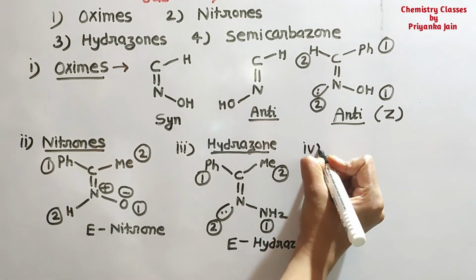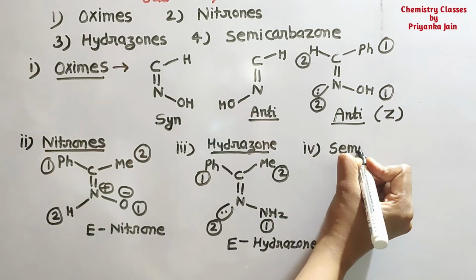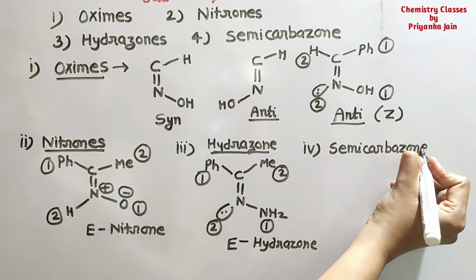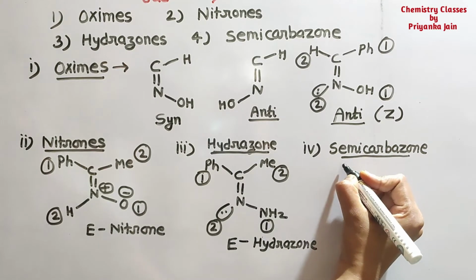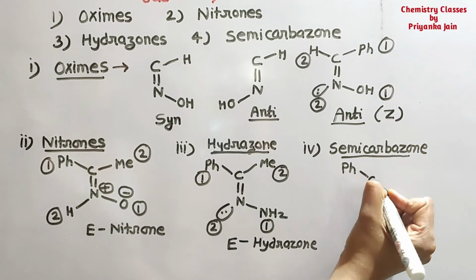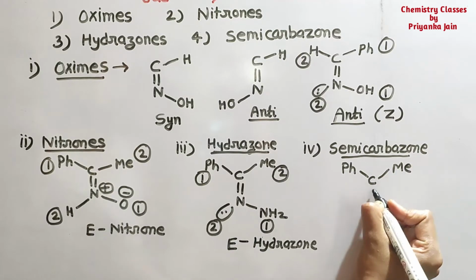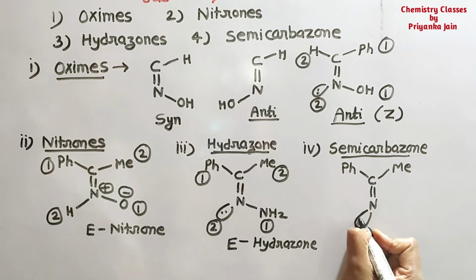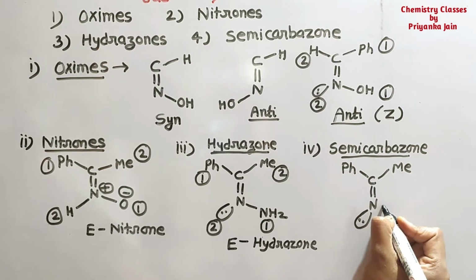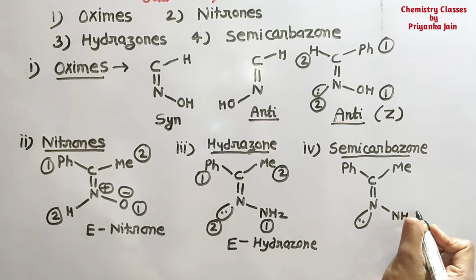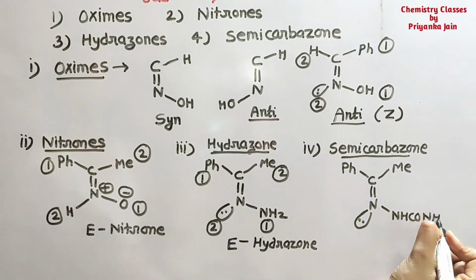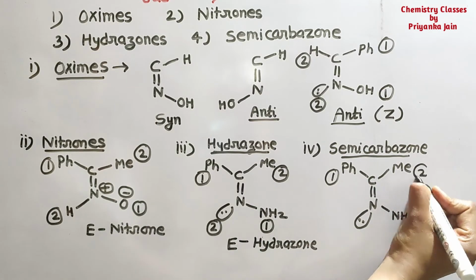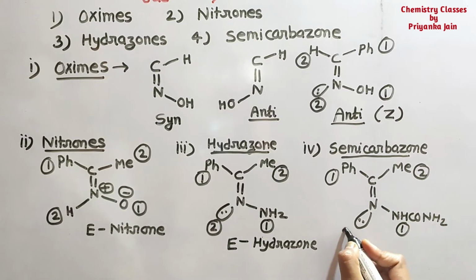Now see the next case of the semicarbazone. In this case the first priority will be for this phenyl, second for this, and here the first priority will be for this and second for this.